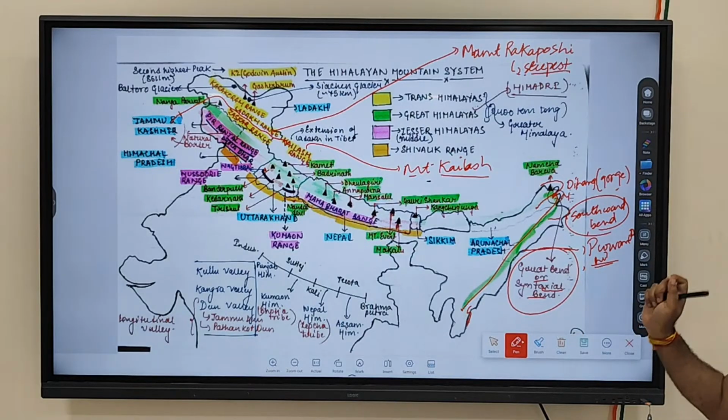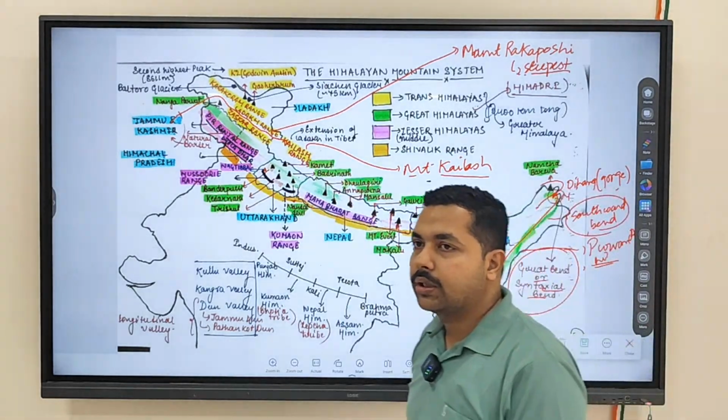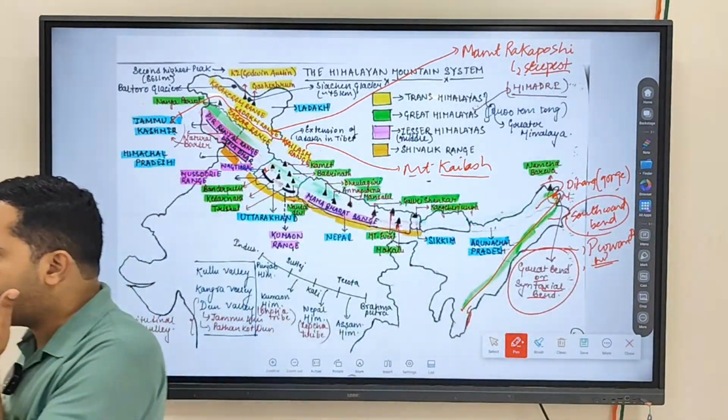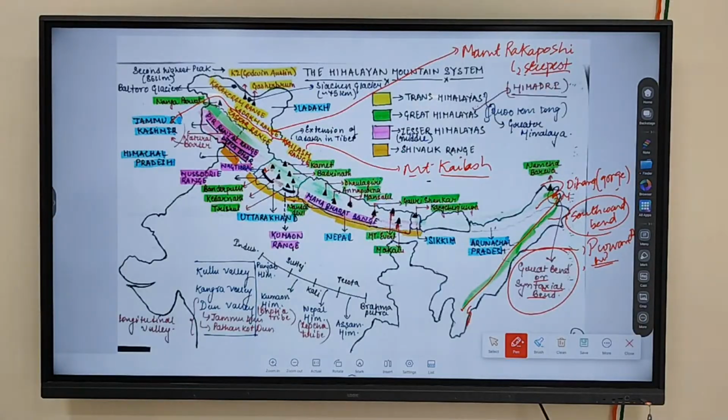So just write down: from the Dihang gorge, a great bend or syntaxial bend is being observed.